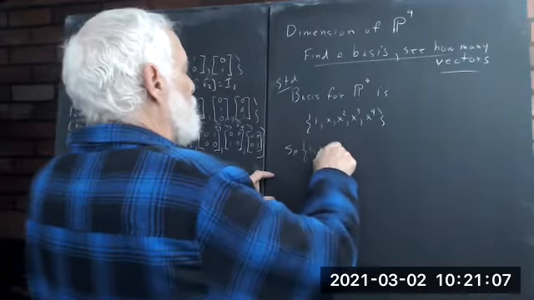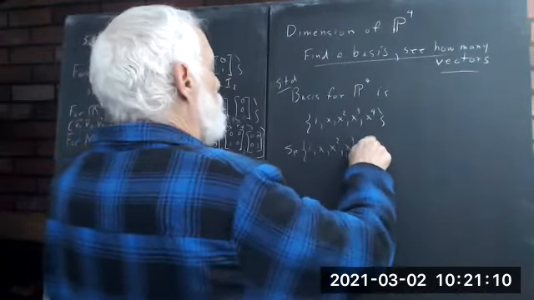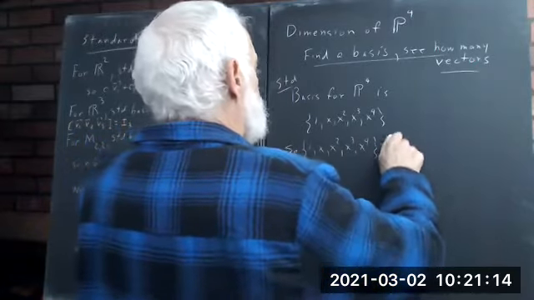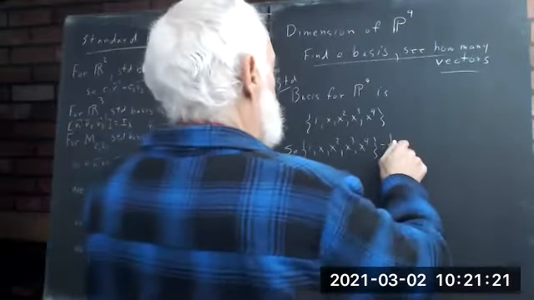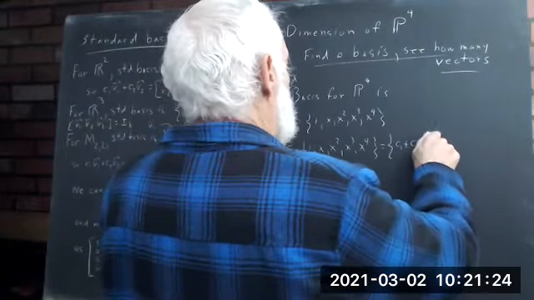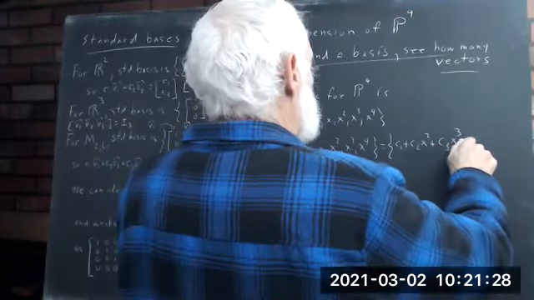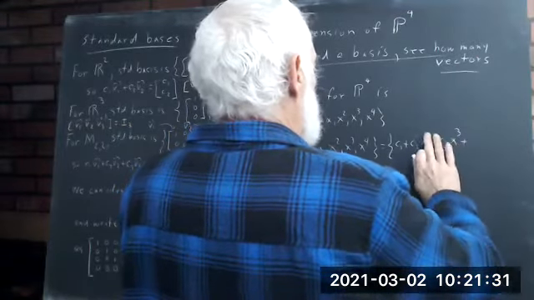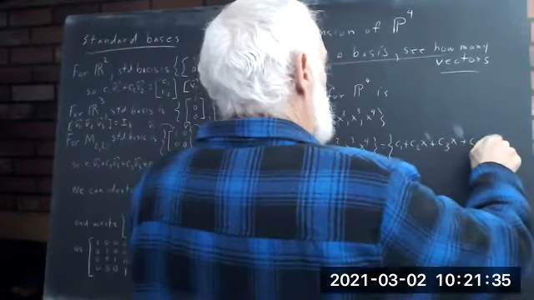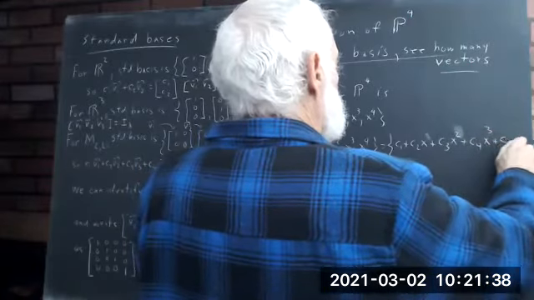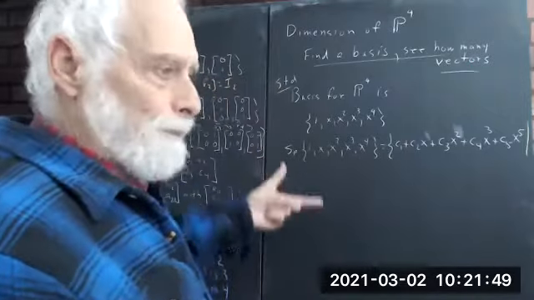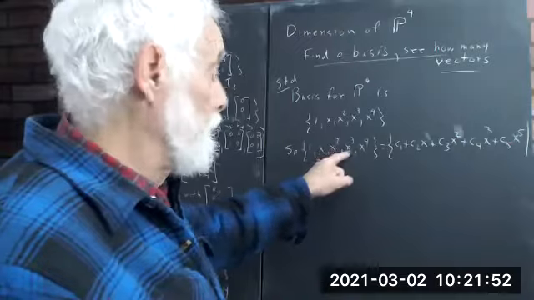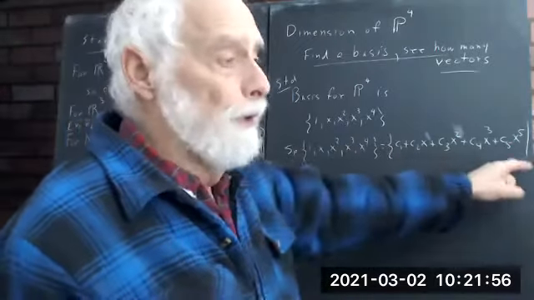The span of 1, x, x squared, x cubed, x to the 4th is the set of vectors, well, linear combinations. An arbitrary linear combination of this is just some constant times this, plus some constant times this, plus, and so forth. And call those constants C1, C2, C3, C4, C5.